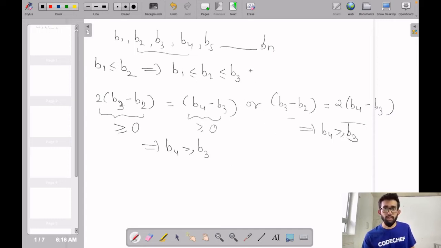So now we have seen that B3 is less than or equal to B4. And if we keep on applying the same logic for B3, B4, B5, we will achieve this.